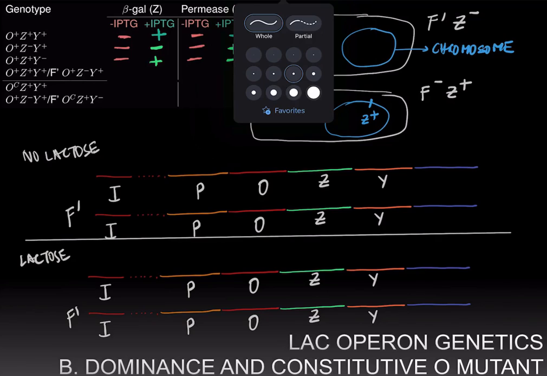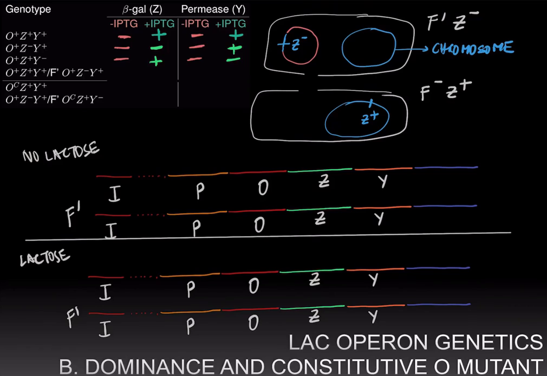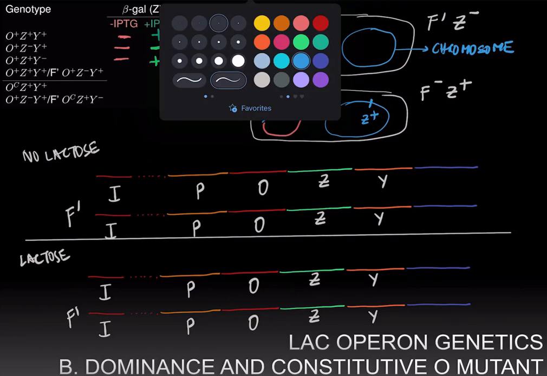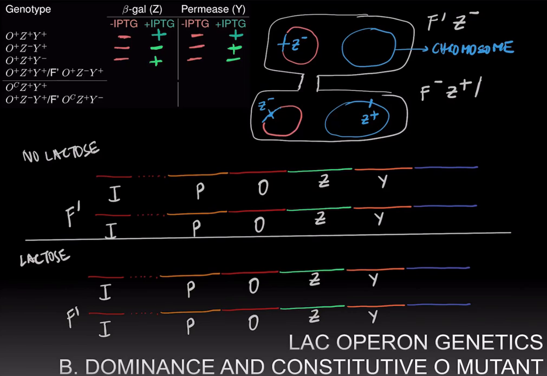So when these two cells conjugate, through rolling circle replication, the F prime plasmid is going to get transferred to the F minus cell, and on that F prime plasmid will be the Z minus allele, and we would have created a bacterial strain that's diploid for this section of the chromosome, in other words, a partial diploid, and we would write its genotype as F minus Z plus over F prime Z minus.